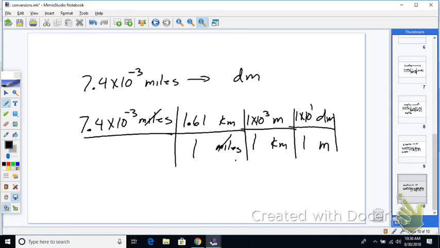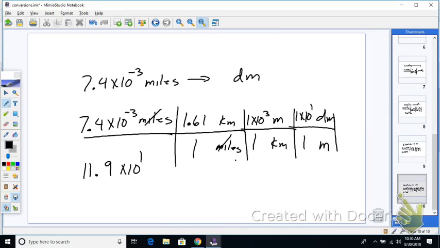So when I take the top line, I get 11 point, and I'll adjust the digits later. 11.9 times 10, what's going to be my exponent? To the first. Minus 3 plus 3 is 0, plus 1 is 1. So times 10 to the first.